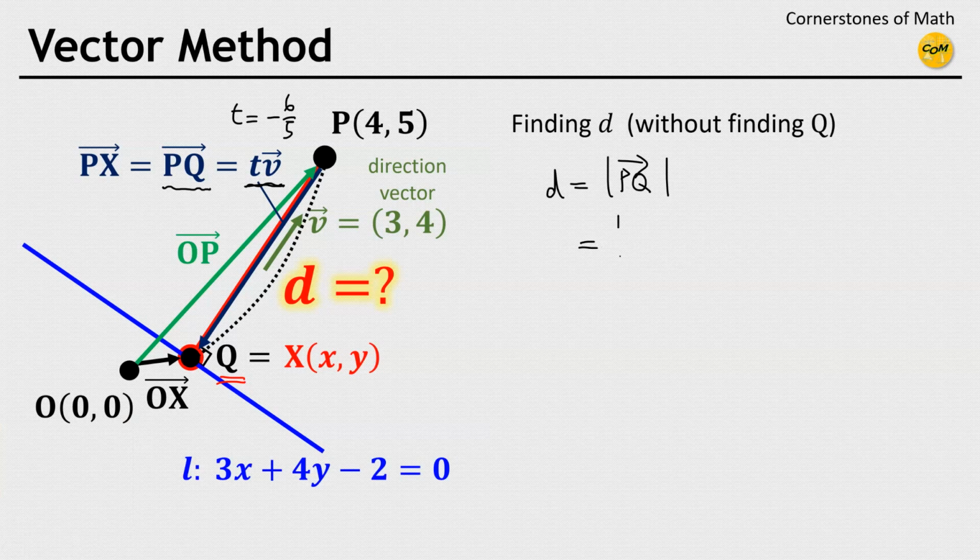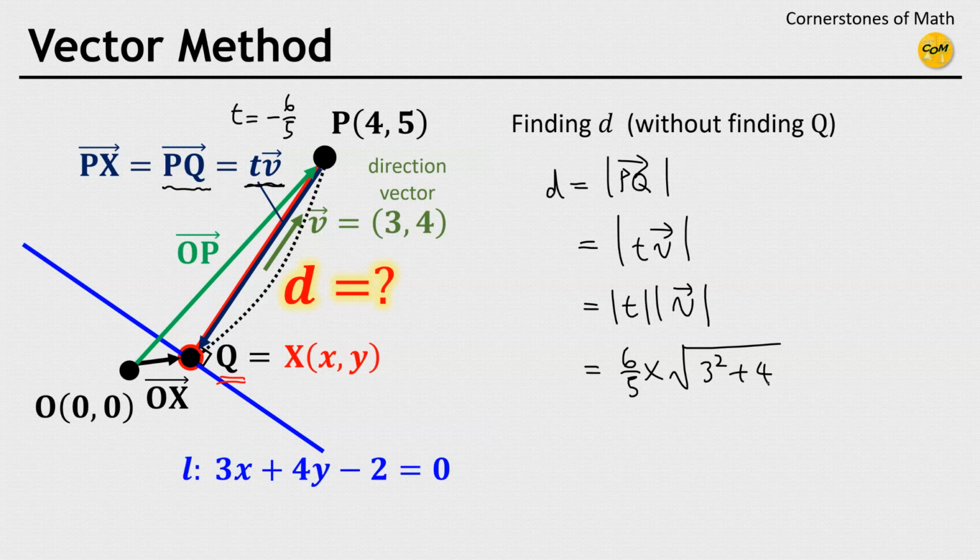So we have the magnitude of vector tv, which equals the magnitude of real number t times the magnitude of vector v. So we have 6 over 5 times the magnitude of vector v, which is the square root of 3 squared plus 4 squared. So we have 6 over 5 times 5, which gives 6. So we have arrived at the same answer.